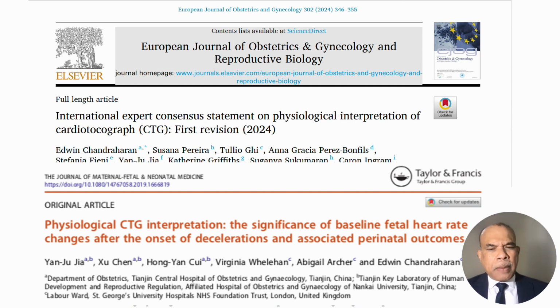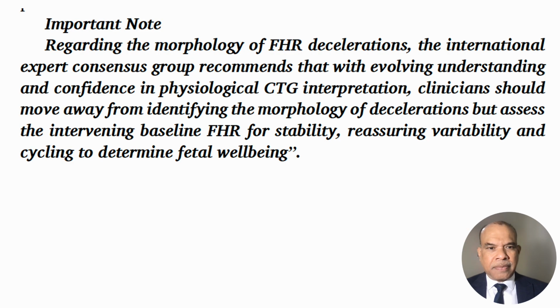Even if the fetus had repetitive decelerations and an increased heart rate, as long as the fetal heart rate variability remained normal and the baseline was stable, none of the babies had acidosis. It is only when the baseline variability was reduced that approximately 30% of these fetuses had acidosis.